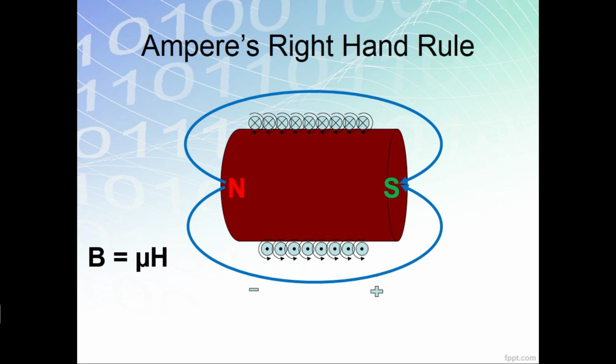The magnetizing force is the measure of the current density, or how much current per unit length. But since this has multiple turns, the magnetizing force is multiplied by the number of turns. The magnetic field can be measured in Tesla, and the magnetic field intensity is in ampere turns, or ampere turns per meter.